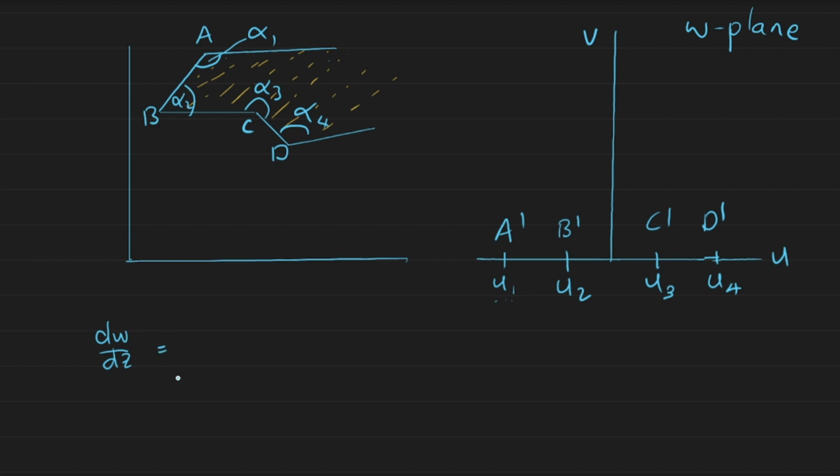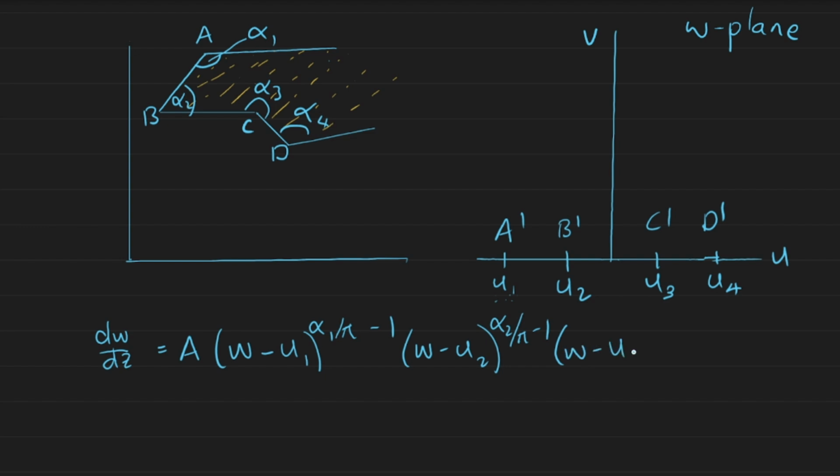The derivative of W with respect to z is equal to some constant A into (W minus U1) to the power alpha 1 over pi minus 1, that's this angle between A and B. Then we have (W minus U2) to the power alpha 2 over pi minus 1, multiplied by (W minus U3) to the power alpha 3 over pi minus 1, and so on, depending on how many edges you have.